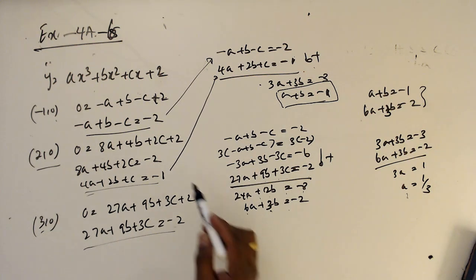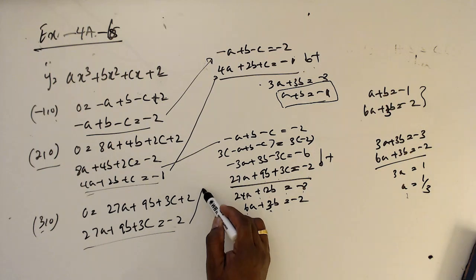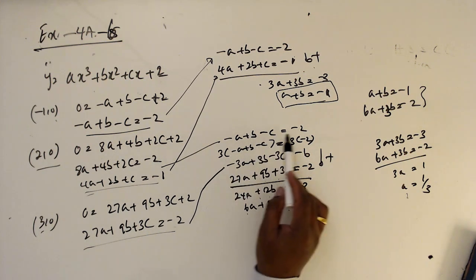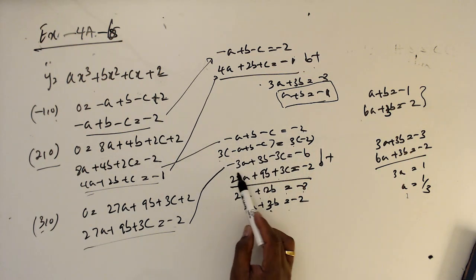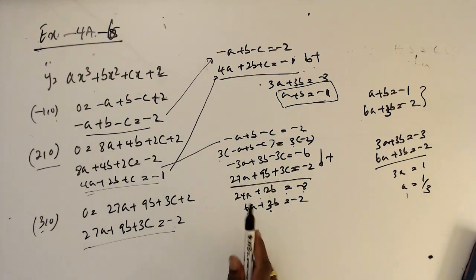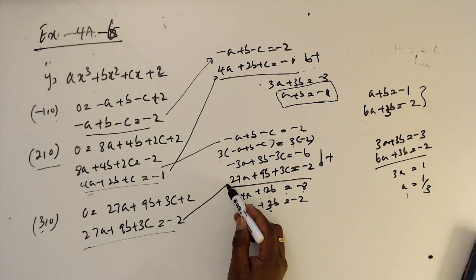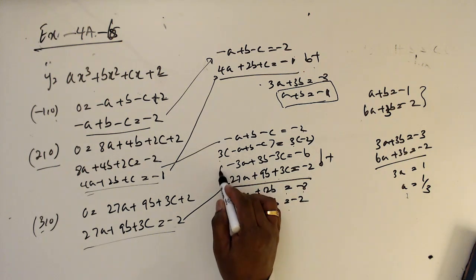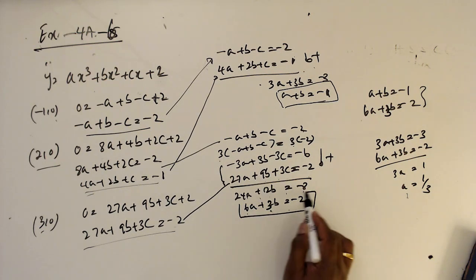Now I use those two equations again. I write this one, then I multiply by 3 on both sides and simplify to this one, and then the other equation, this one. Then I solve those two and end up with this equation.